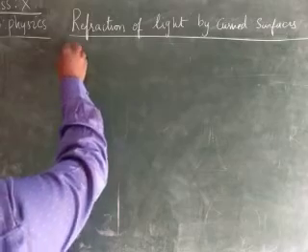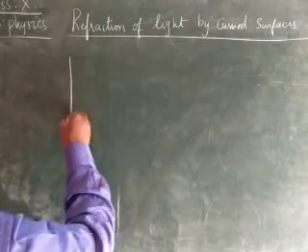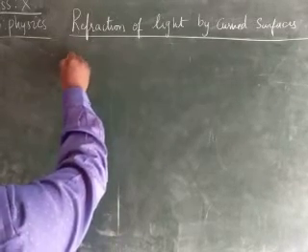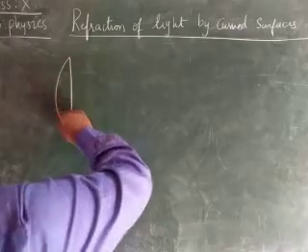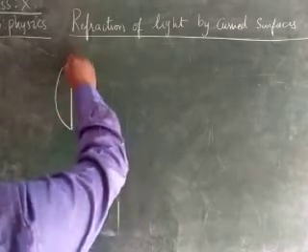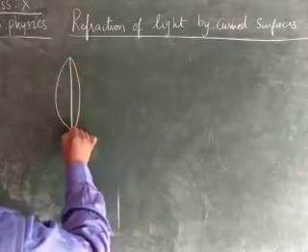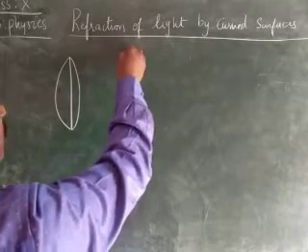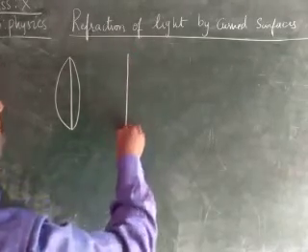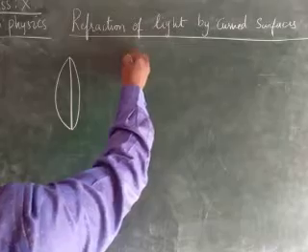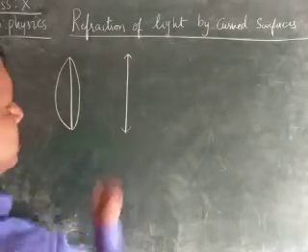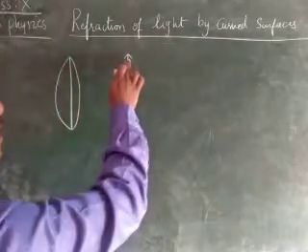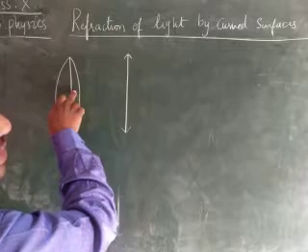Normally the biconvex lens we draw like this. In the same way we can draw the biconvex lens in this way also. We can represent it like this or like this.